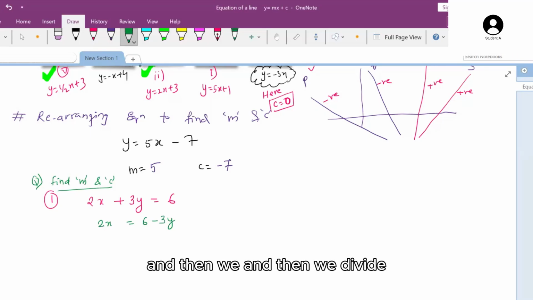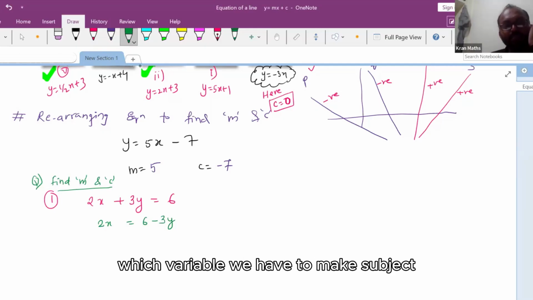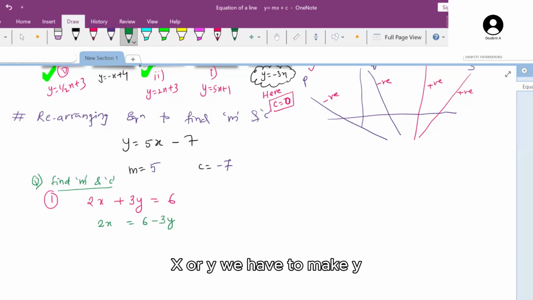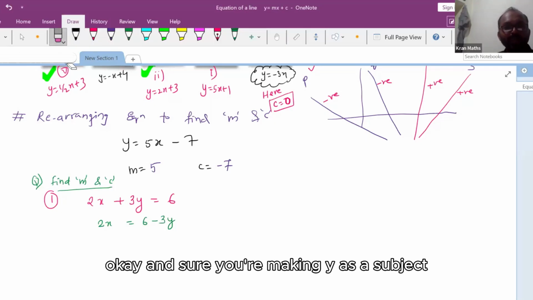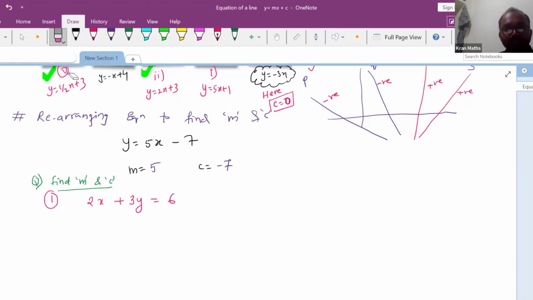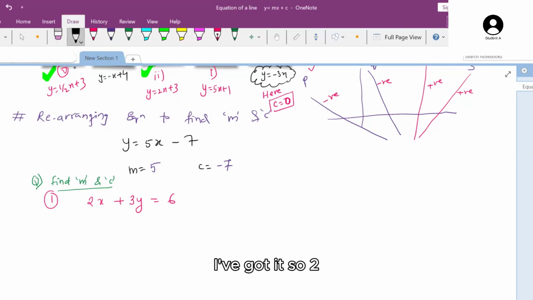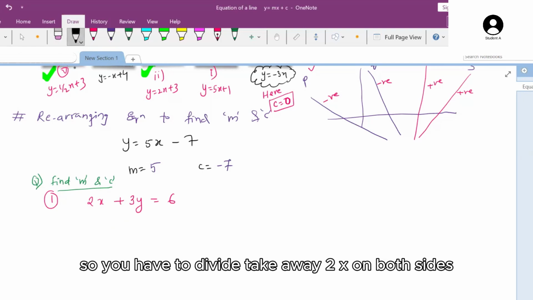And then we divide. Wait, wait. Which variable do we have to make the subject, x or y? You have to make y the subject. Ensure you're making y the subject. Wait, I've got it. So you have to take away 2x on both sides.